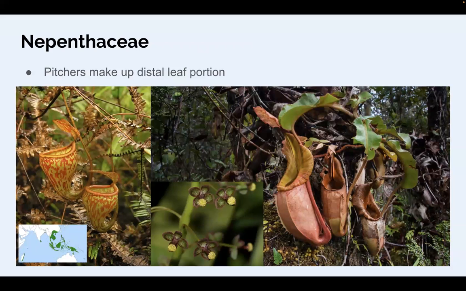This is photosynthetic. So the leaf base, but then it's got this tendril portion that goes beyond the leaf base and actually develops into the pitcher. So this is all one leaf, photosynthetic base, a little bit of an extending portion, and then a big old trap. Here the photosynthetic portion is not shown very well.